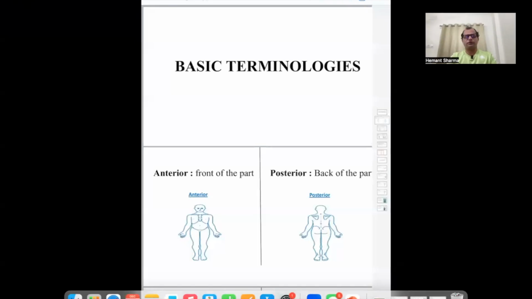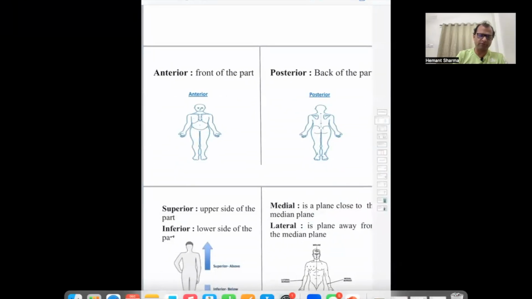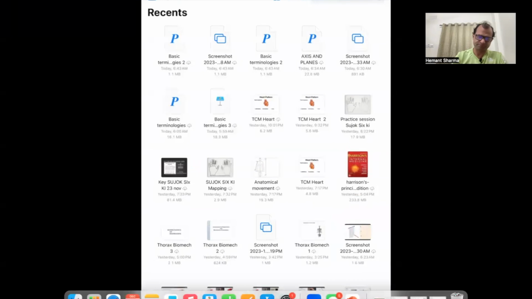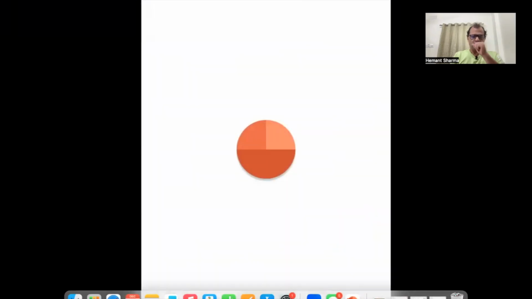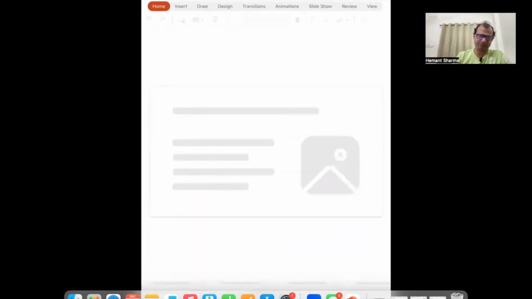So whenever we are talking about a few terminologies, like the anterior part of the body means the front, that we know is the front part, right? The anterior part means front.